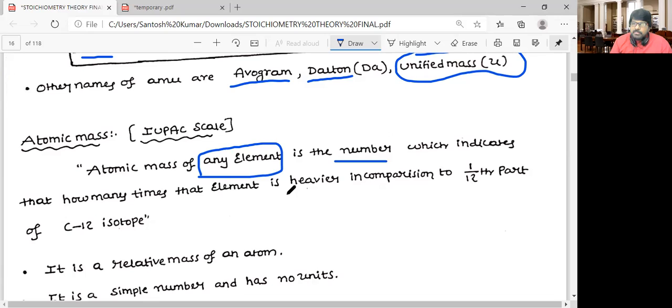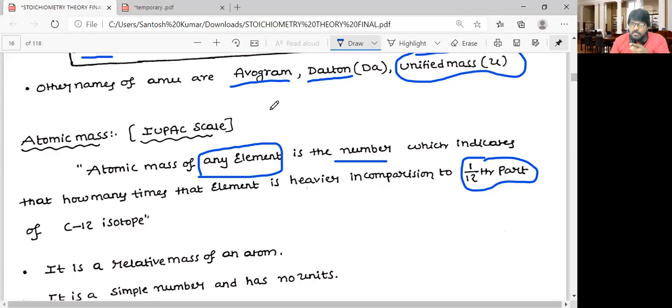What does it indicate? That number indicates how many times that element is heavier in comparison to 1/12th part of C12 isotope.